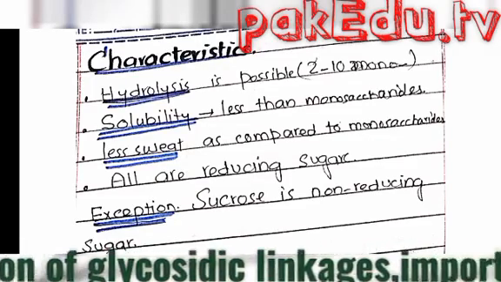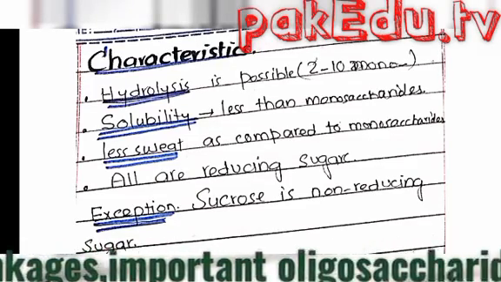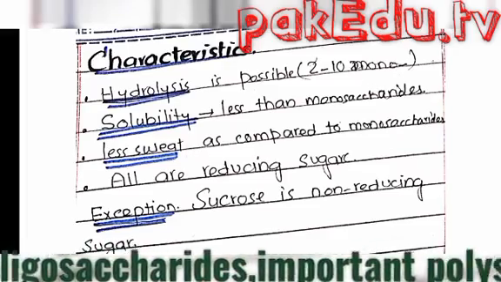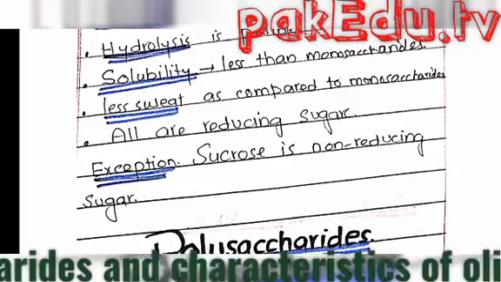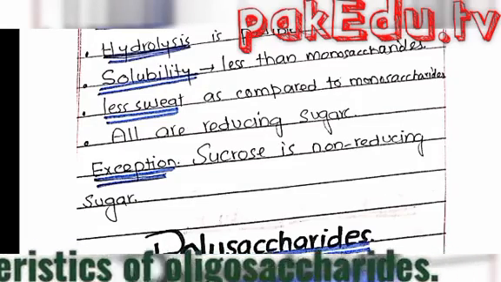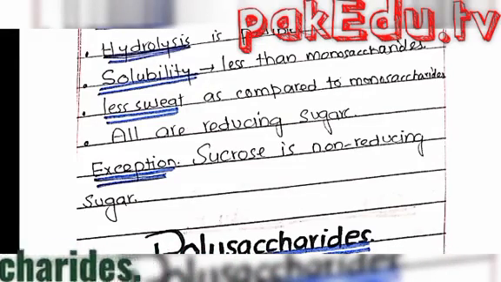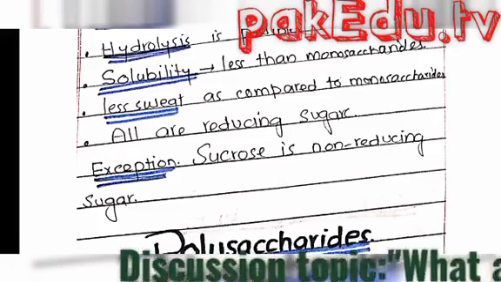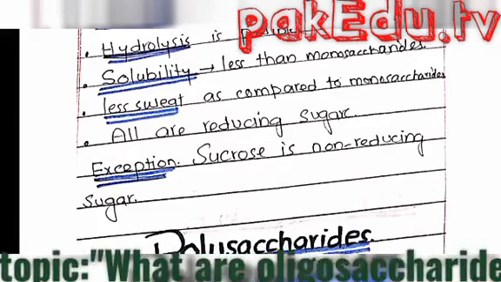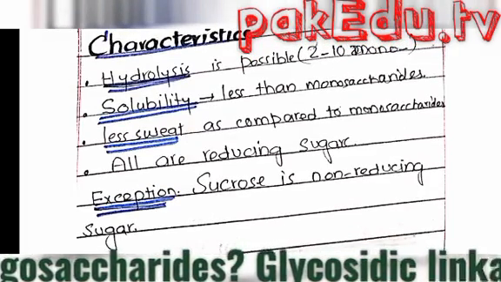All the oligosaccharides are reducing sugars except sucrose, which is a non-reducing sugar. This is the exception, and you must know that exceptions are the most important area for examiners to ask questions to students. So always try to remember exceptions.